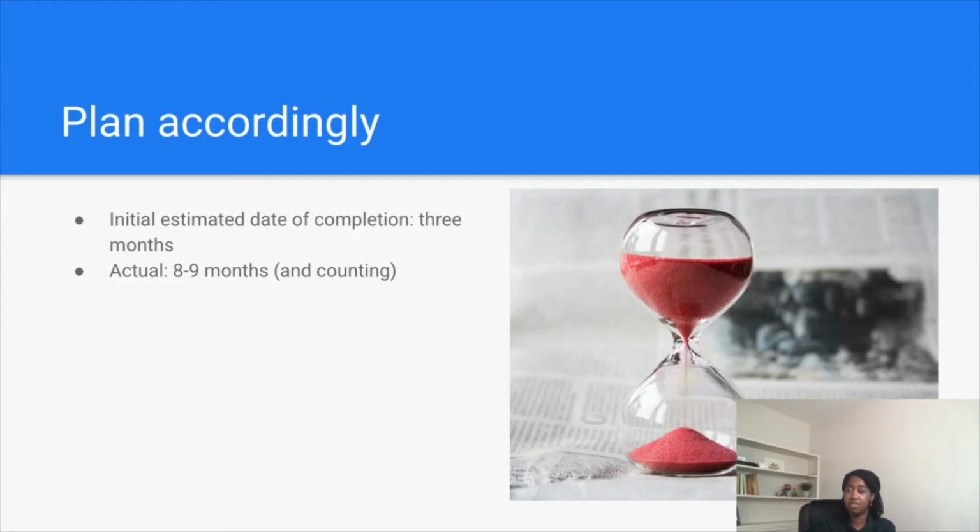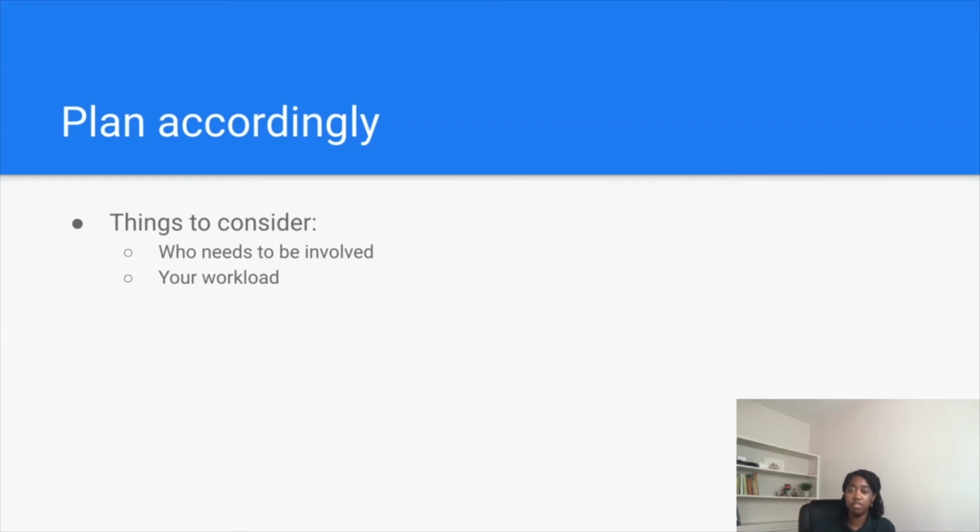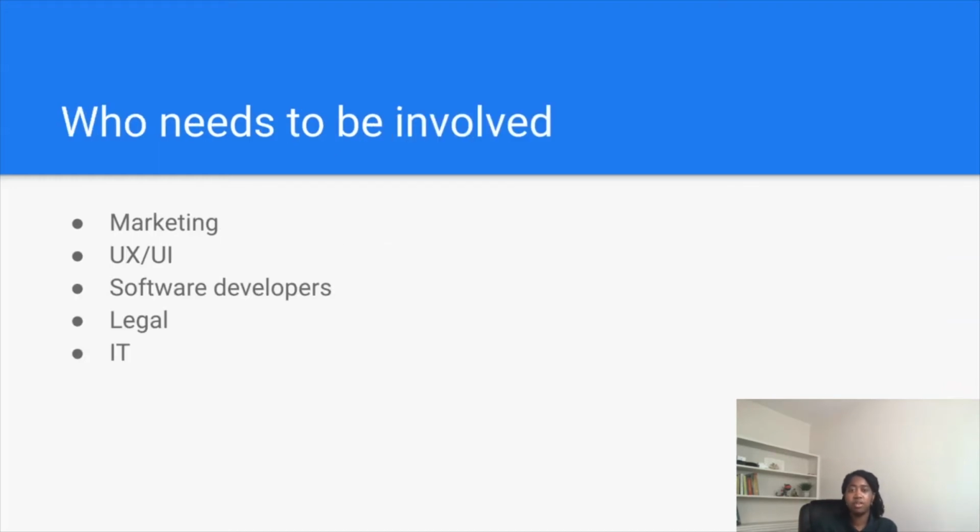Two things that I really didn't consider were who needs to be involved in building the style guide, and then also what my workload was. Now, when I say who needs to be involved, depending on your organization, there may be multiple departments who need to have a hand in helping you build a style guide for your documentation, and that includes marketing, maybe some folks in UX UI, software developers or engineers, legal, especially if your style guide is something that will be visible to the public, an external facing style guide.